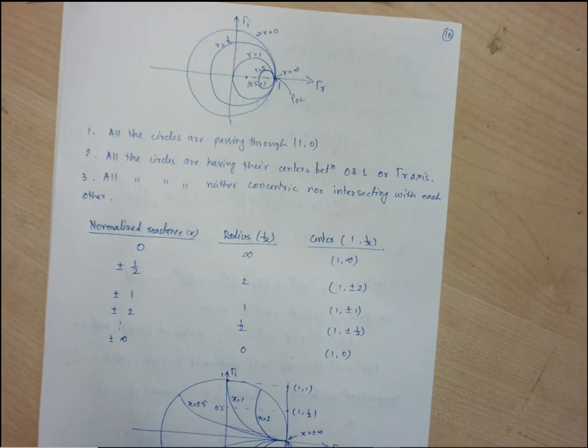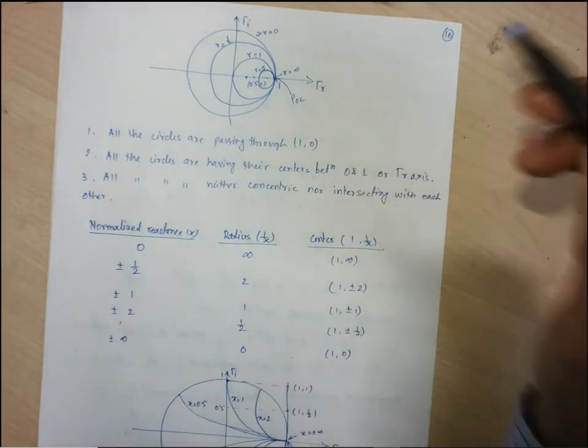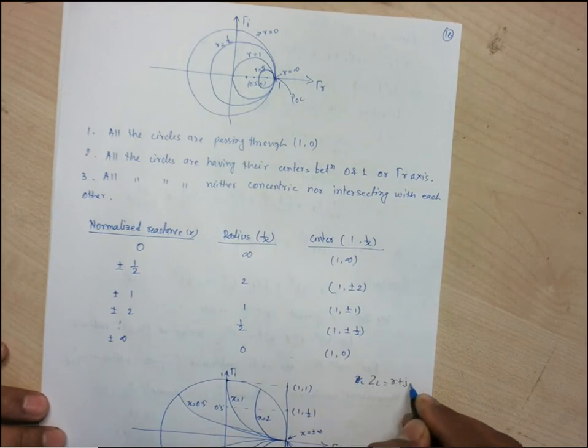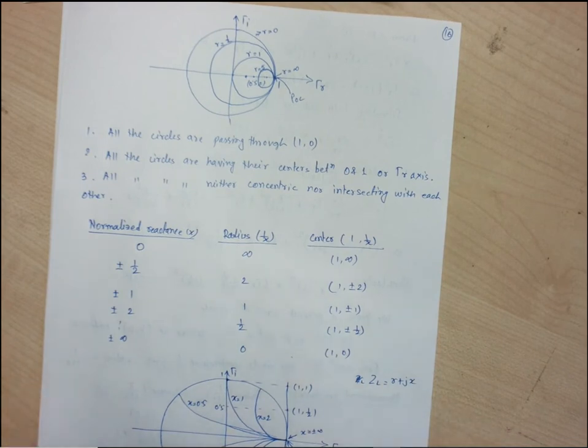Because we have this ZL, this normalized impedance, it is R plus jX, right? So if we have any transmission line which has been terminated with this load, it can have the resistance of R, reactance of X.